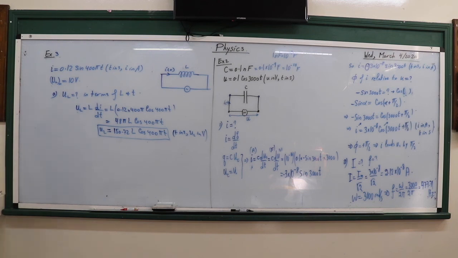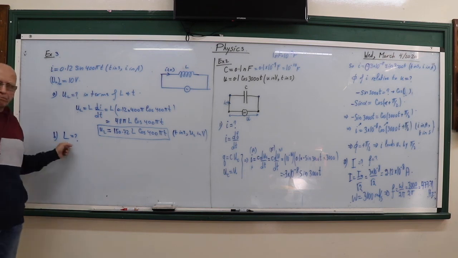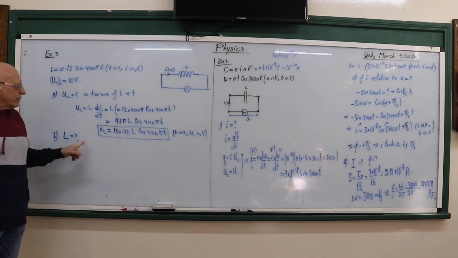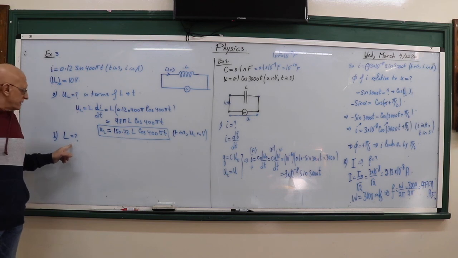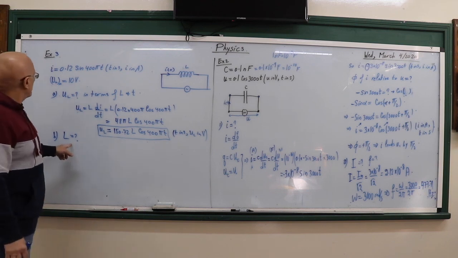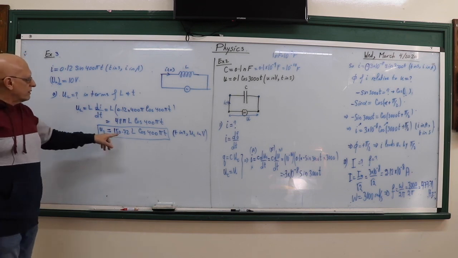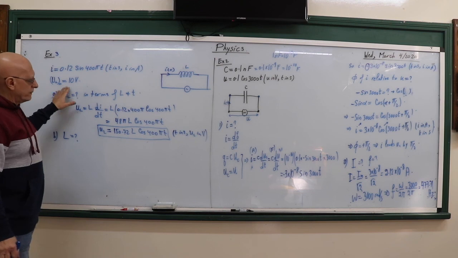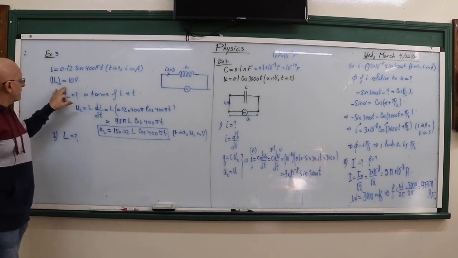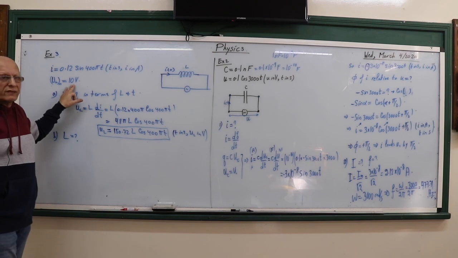Now the second part is to deduce the value of L. How to find the value of L? From the previous explanation, we find that there is a relation between L and UL maximum, and UL maximum is given to be 10 volt.